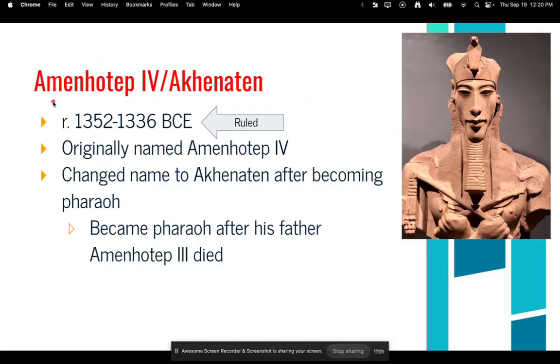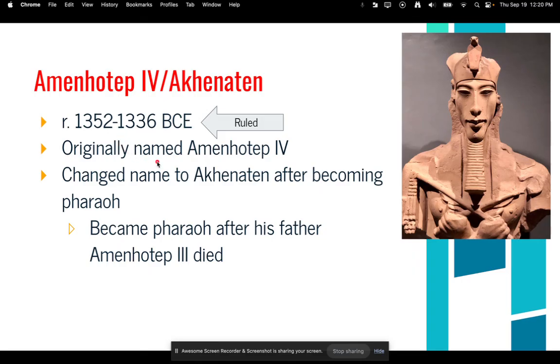Now, when you are doing research, you might come across a date and you'll see a lowercase r with a period. And you're like, what the heck does that mean? So if you ever see a lowercase r with a period, that means that this is the time that that person ruled. Okay? So in this case, Akhenaten, he ruled from 1352 until 1336.